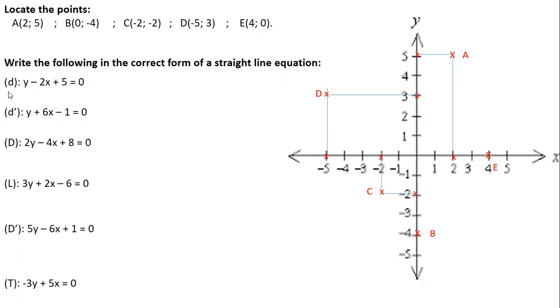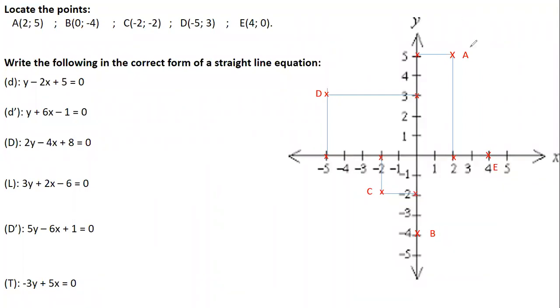Here you have an equation of a straight line, you should write it in the correct form. نحن قلنا the general equation form. فيك تذكرني بالgeneral equation form يا فضل شو بتكون؟ If I have a straight line in a system of axes, what is the general form of the straight line?